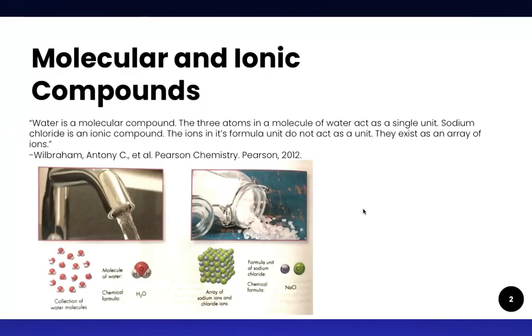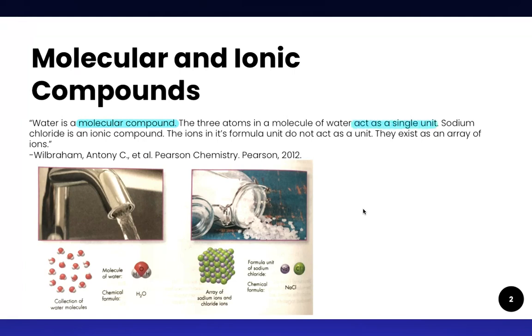So these are the two examples we talked about in the last video. We talked about water and sodium chloride, or table salt. Water is an example of a molecular compound. The three atoms in the molecule of water act as a single unit.